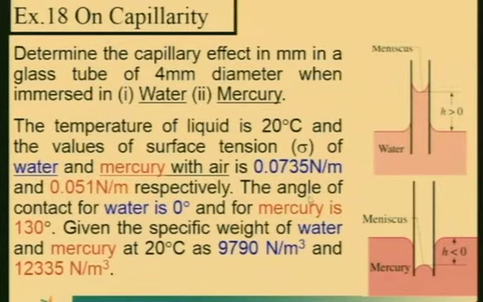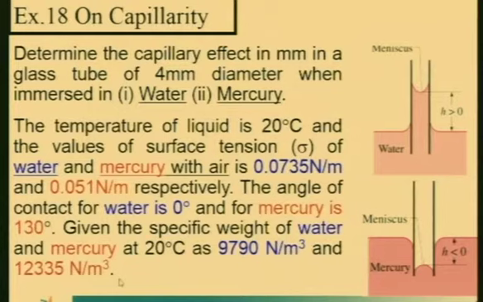The angle of contact, when water and air are there, is 0 degree. Repeat, the theta value is given as 0 degree for water and air, while for mercury the value is given as 130 degree. Given the specific weight of water at 20 degree centigrade as 9790 Newton per meter cube and gamma of mercury is given as 12,335 Newton per meter cube.